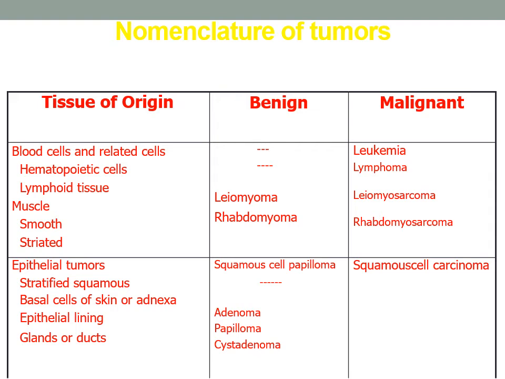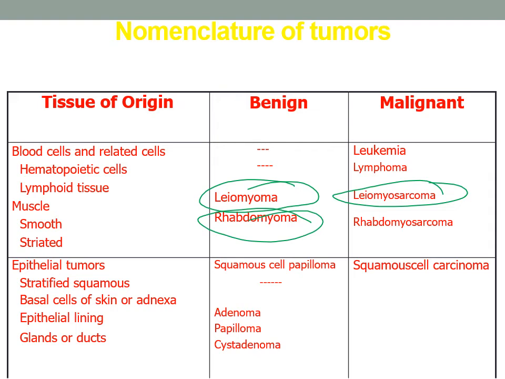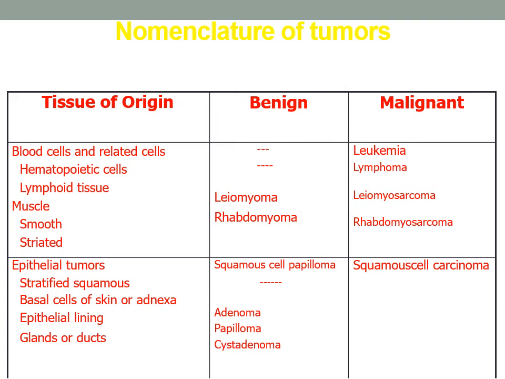Okay, when we have smooth muscle, as I said, they are leiomyoma because they have leiomyocyte cell. That is, if they are benign, and when they are malignant, they are leiomyosarcoma. In skeletal muscle, we have rhabdomyocyte, so we have rhabdomyoma, and in malignant, we have rhabdomyosarcoma.